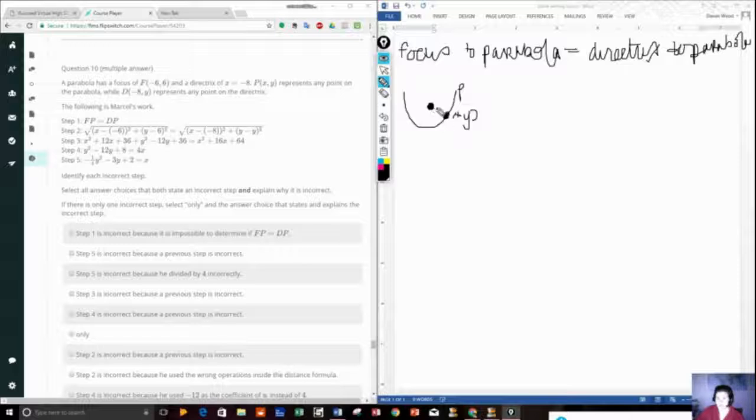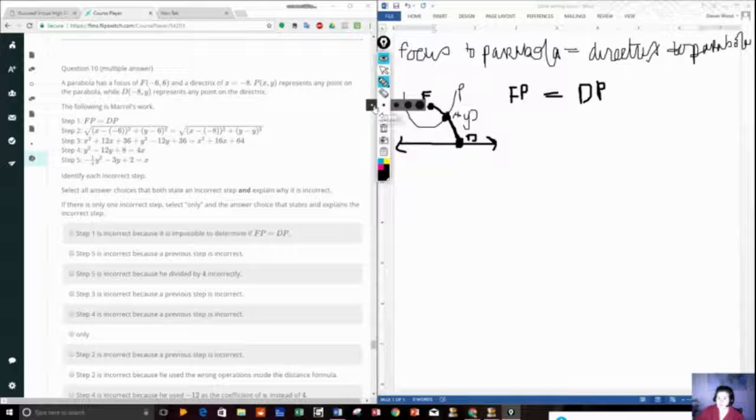The focus is this point, F. And this distance, FP, the focus to the parabola, has got to equal the distance from the same point to the directrix, which is going to be somewhere over here. Those two have to be the same, and that's our D point. So F to P, that distance has to be equal to the distance from P to D, and that's what the first step said. So far step 1 is accurate.